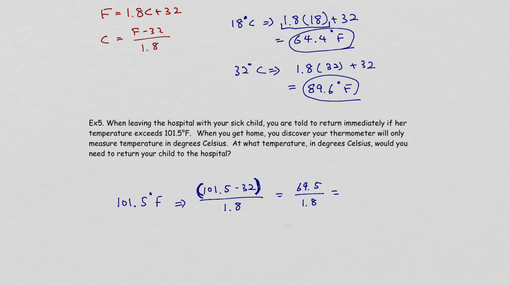Otherwise, it will just divide the middle numbers. When you do the division, you end up getting 38.61 degrees Celsius. So this is how we're going to change from one unit to the other.